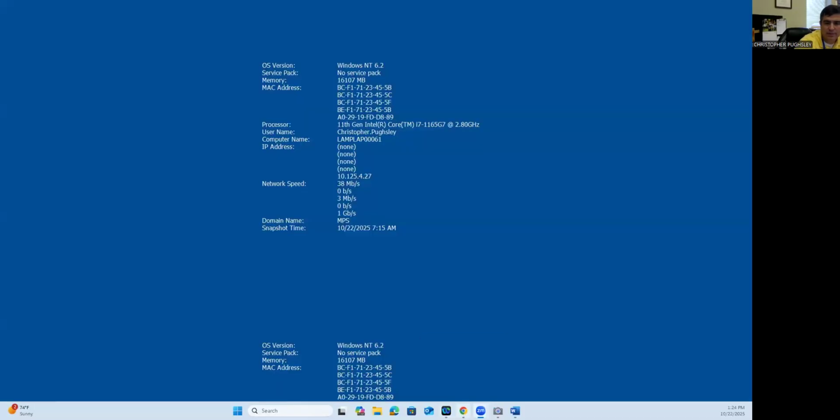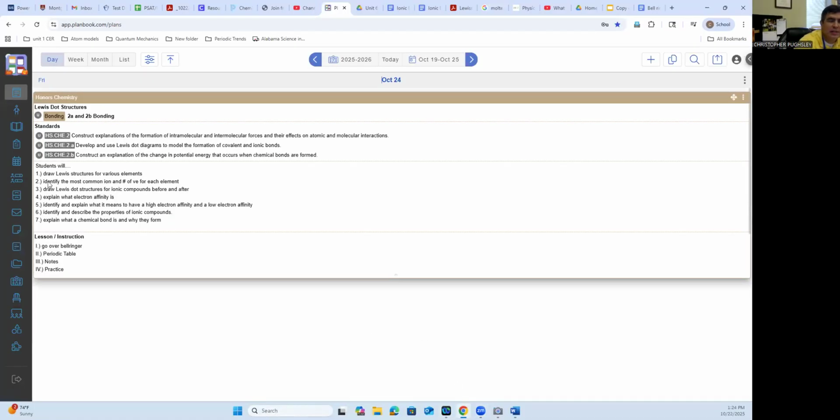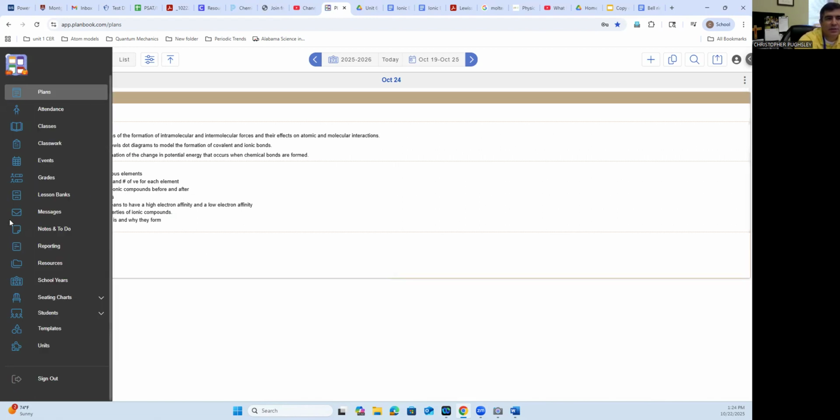I'm going to share my screen. What we're learning is how to draw Lewis structures for various elements. We're going to identify the most common ion and valence electrons for each element, which is also called oxidation number.